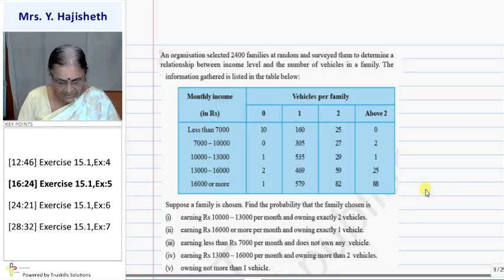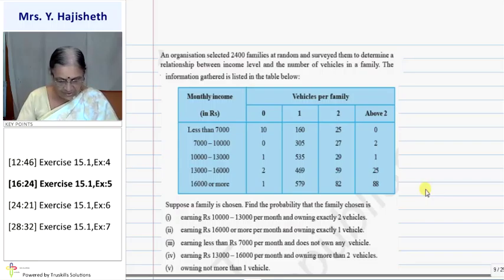Now from this data you are asked to find out, suppose a family is selected, find the probability that a family selected is earning rupees 10,000 to 13,000 per month and owning exactly 2 vehicles. Second question, earning rupees 16,000 or more per month and having exactly 1 vehicle.